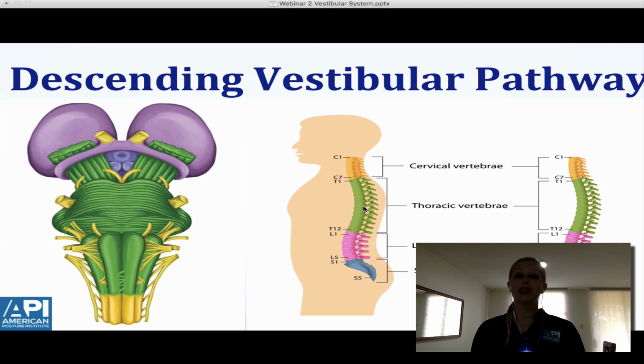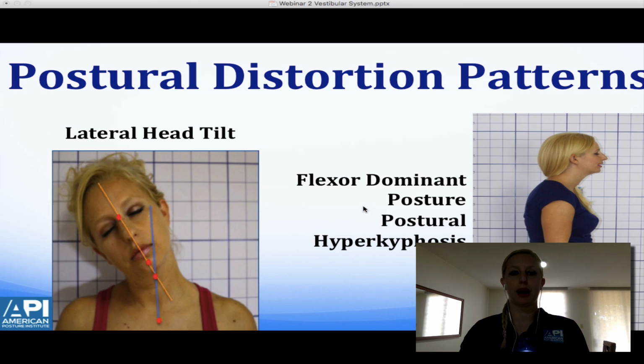So one descending pathway goes to the cervical spine to coordinate head movements with eye movements. Another goes to the spinal musculature to stimulate extension of the posture system, to keep the body upright against gravity in relation to the ground. Those are the ascending and descending vestibular pathways.